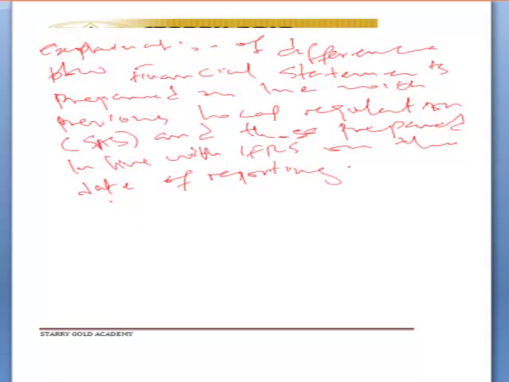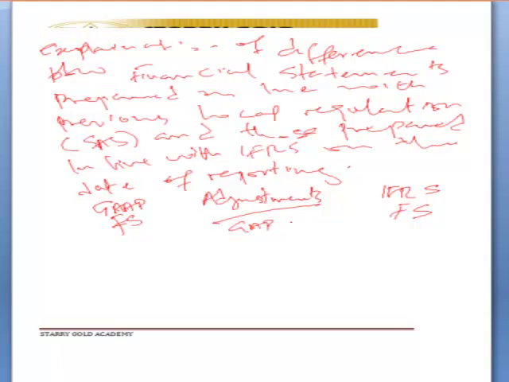So gap analysis looks at the adjustments. By the time you look at the previous GAAP financial statements, you have adjustments, then you have the IFRS financial statements. So the adjustment between this and this is what you call your gap analysis.